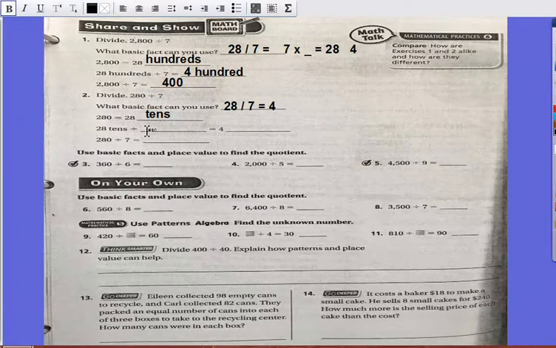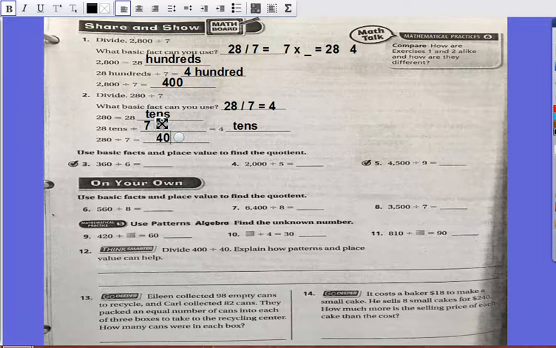So 28 tens divided by 7 equals 4 tens. I'm going to stick with the same thing and put tens there as well. 4 tens is also the same as the answer 40. This is saying that I have 10 4 times, so 10 times 4 is 40.